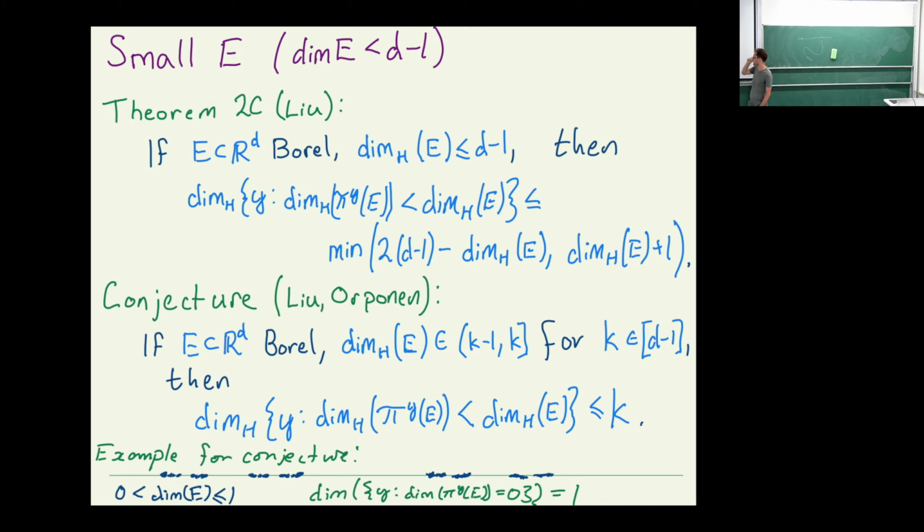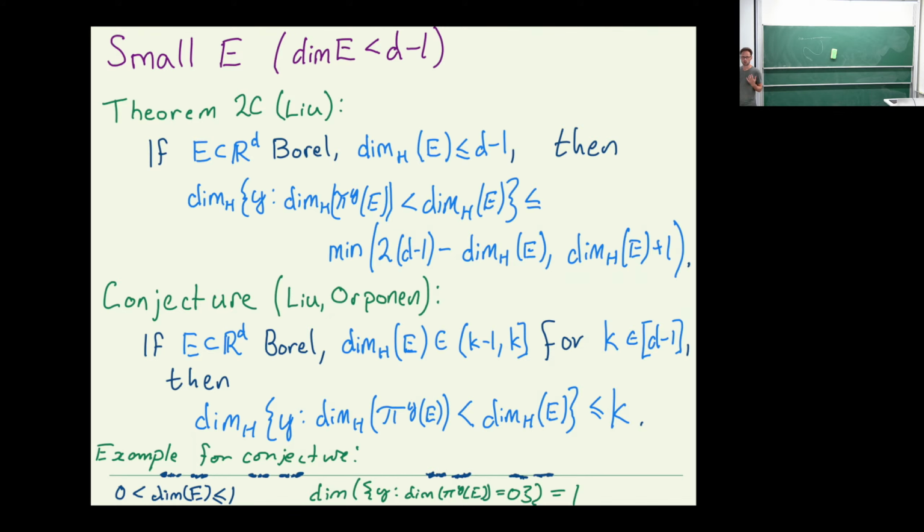So here there's quite a natural and simple explanation for the conjecture. The conjecture is that if you have a set that's between, say, k-dimensional and (k plus 1)-dimensional, and k plus 1 is at most d minus 1, so this is a small set E whose dimension falls into some integer range, then the bound on the size of the exceptional set is exactly what you would have.